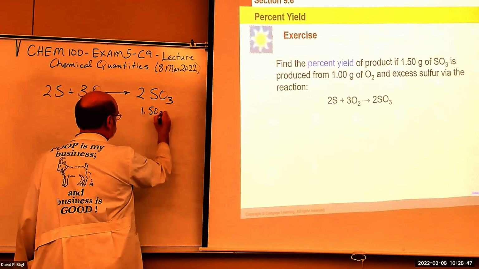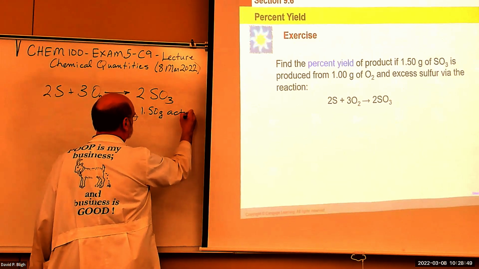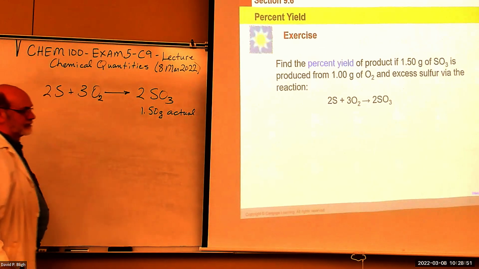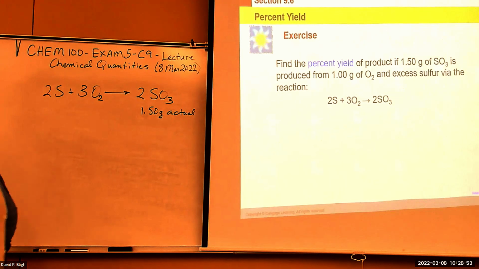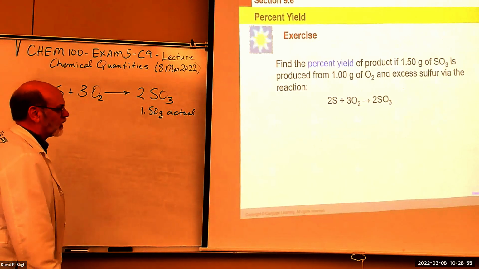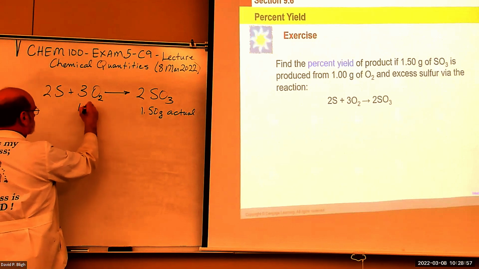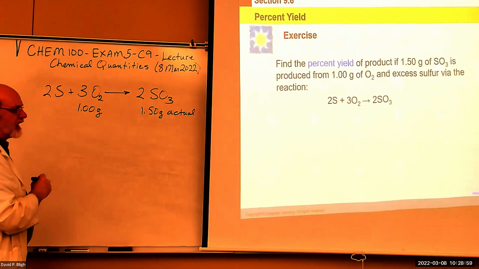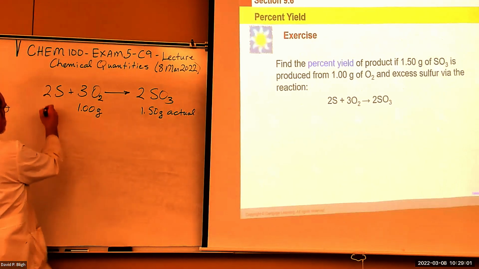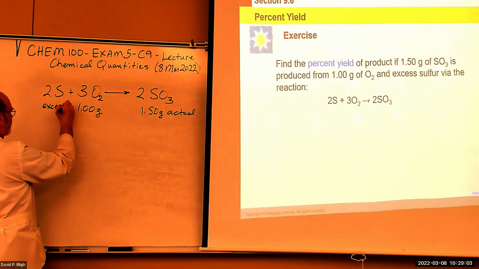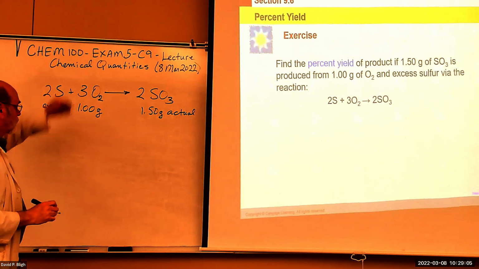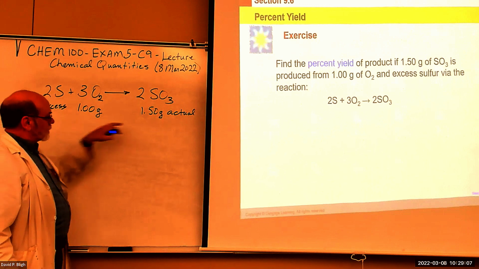That's 1.5 grams actual, from 1 gram of oxygen and excess sulfur. So what we need to do is find out what the theoretical is.